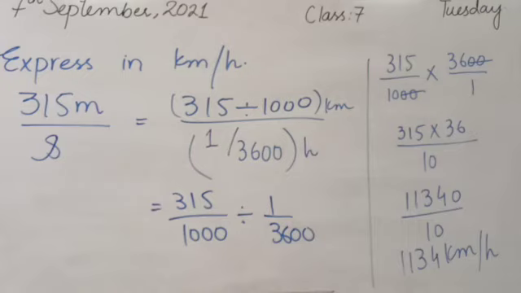After dividing it, we simplify by taking the reciprocal, multiplying, dividing, and we'll get the final answer, which is 1134 kilometer per hour.